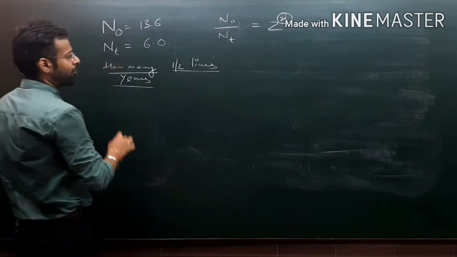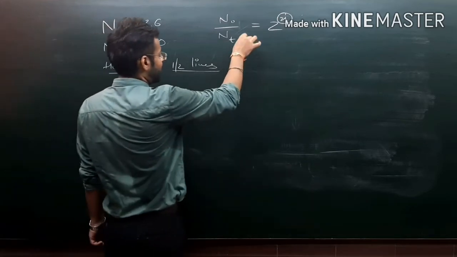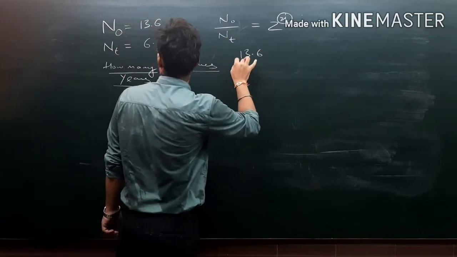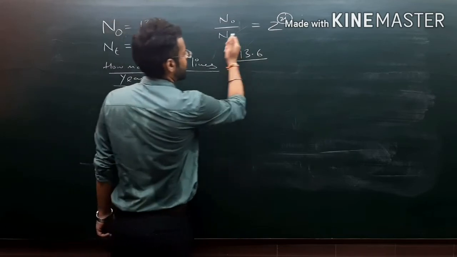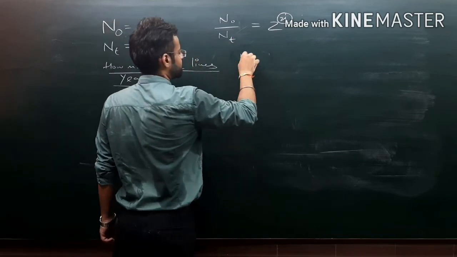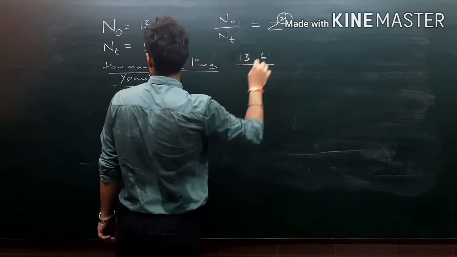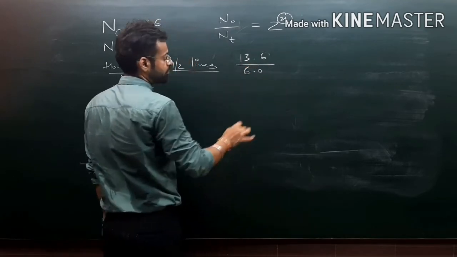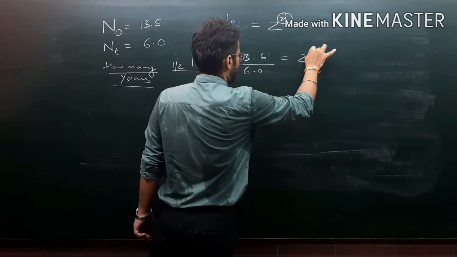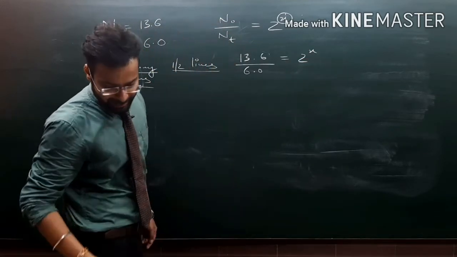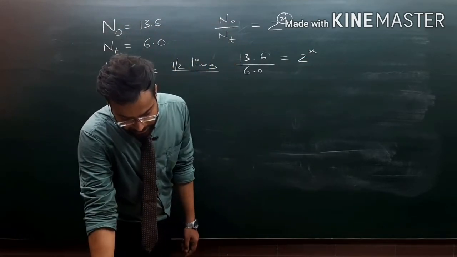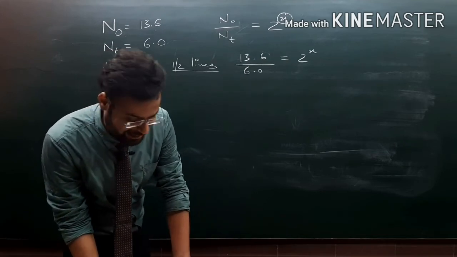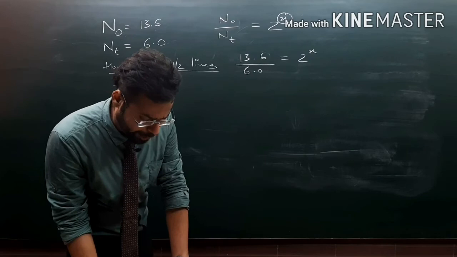Basic mathematics. What we'll do is substitute the values. We have 13.6 divided by 6.0, which is equal to 2 to the power x. And 13.6 divided by 6 actually comes to around 2.2666667, so it is almost 2.266.